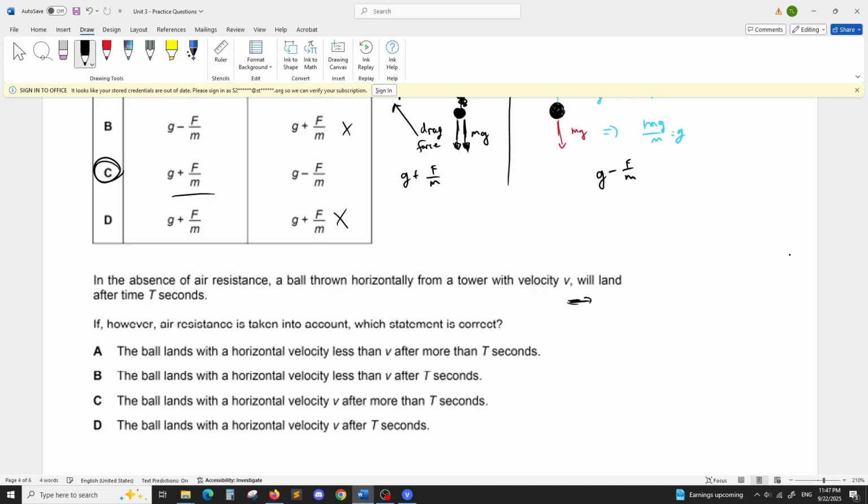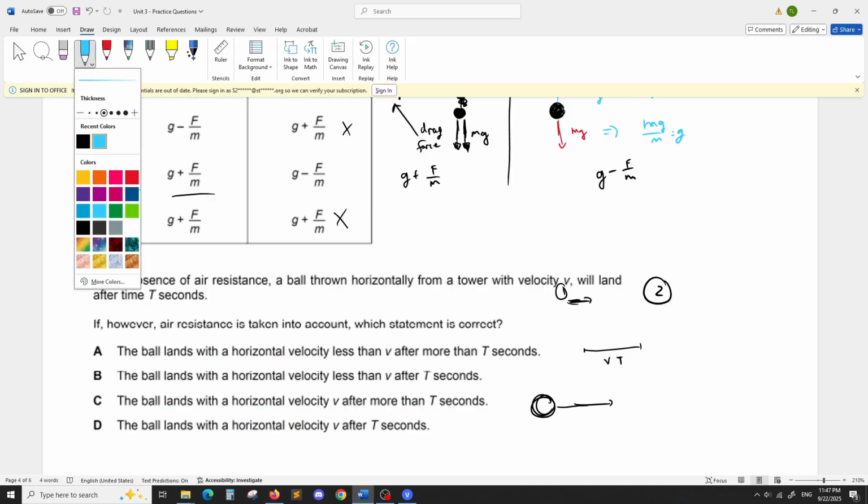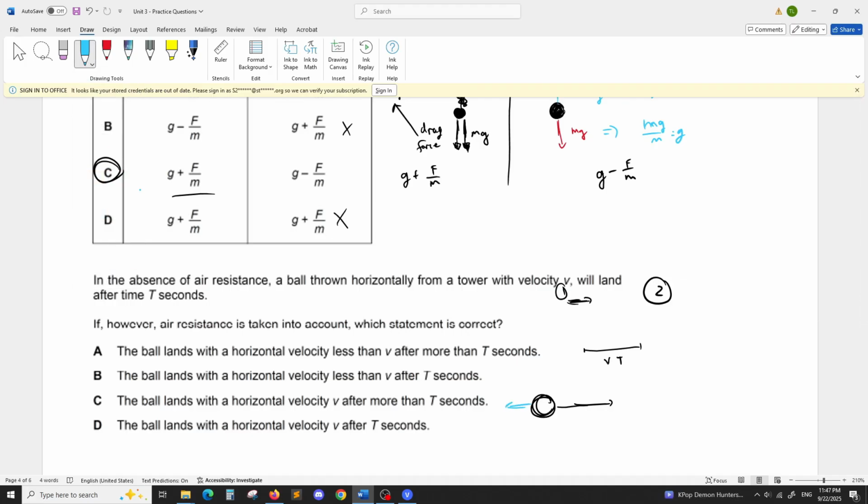Horizontally v, so the distance would be vt, assuming there's no air resistance. But if there is air resistance, then if we draw a short free body diagram, we have a ball thrown here, but then we have the drag force, F drag.